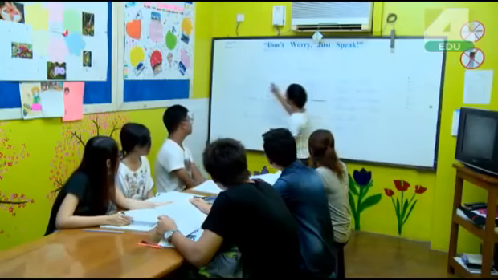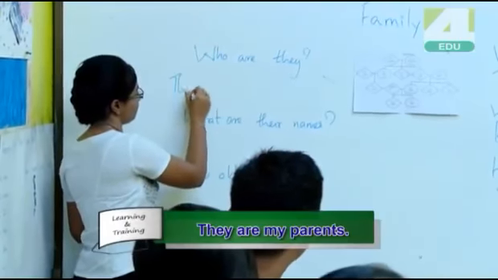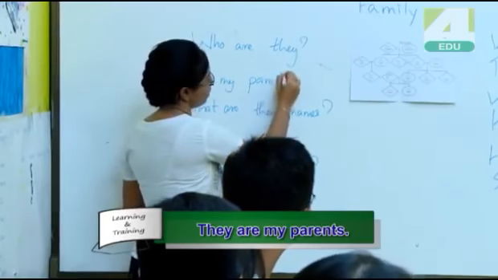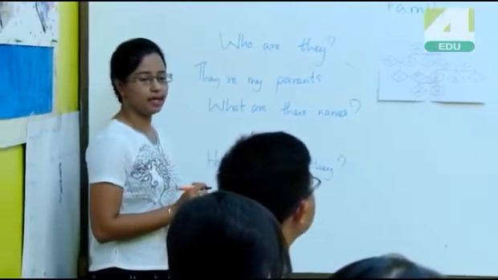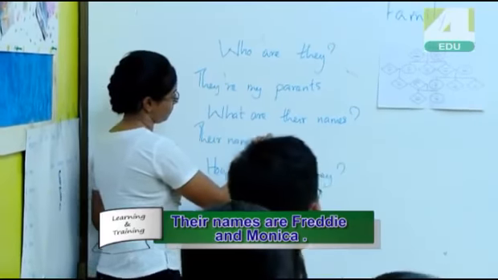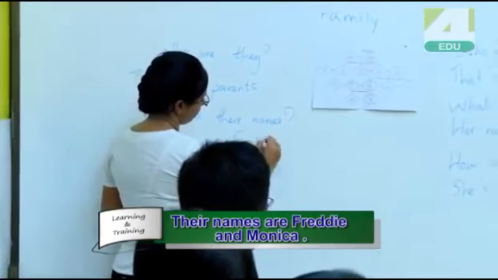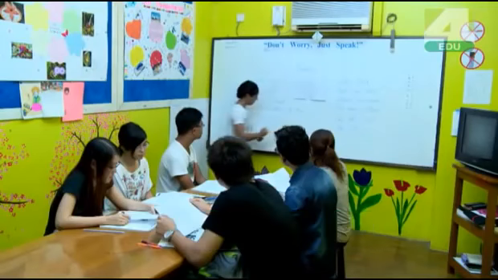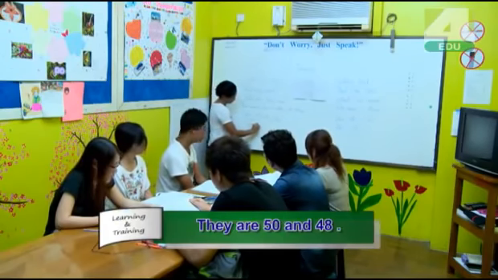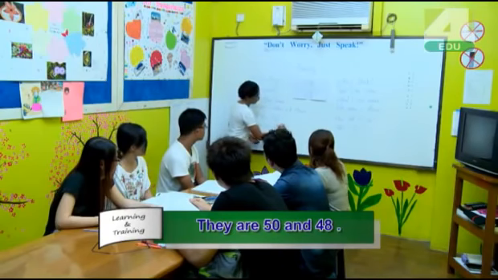Okay, so good. So let's look at that one. Who are they? They are my parents. Yeah, my parents. So what are their names? Their names are Freddie and Monica. Okay, good. So how old are they? 50 and 48.